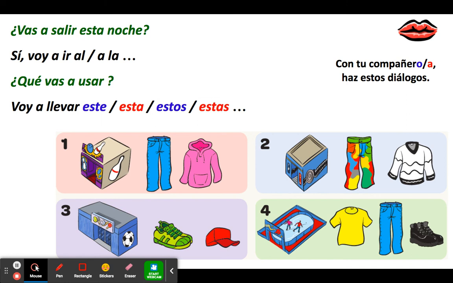Sí, voy a ir al supermercado. ¿Qué vas a usar? Oh, voy a llevar estos pantalones azules. Or you can also say, ¿vas a salir esta noche? Sí, voy a ir al cine. ¿Qué vas a llevar? Voy a llevar esta gorra roja.